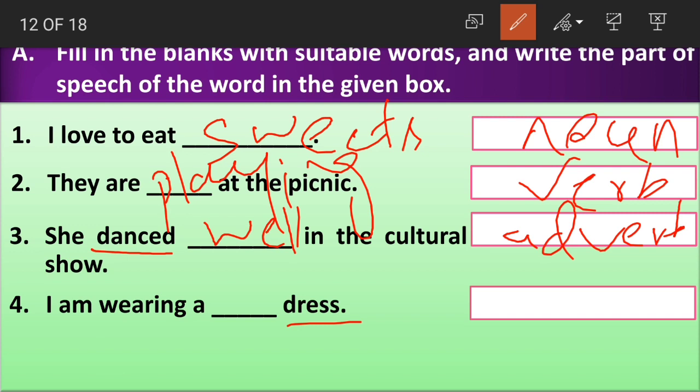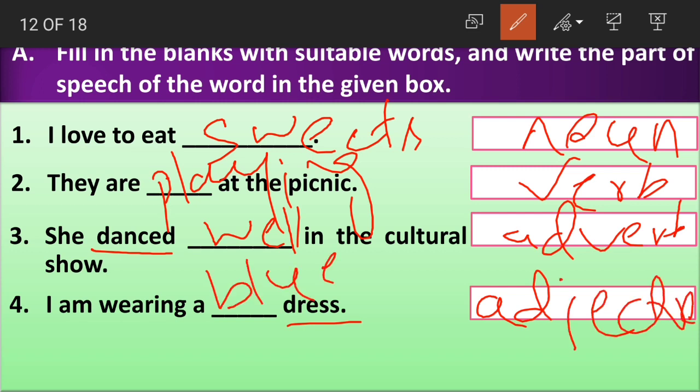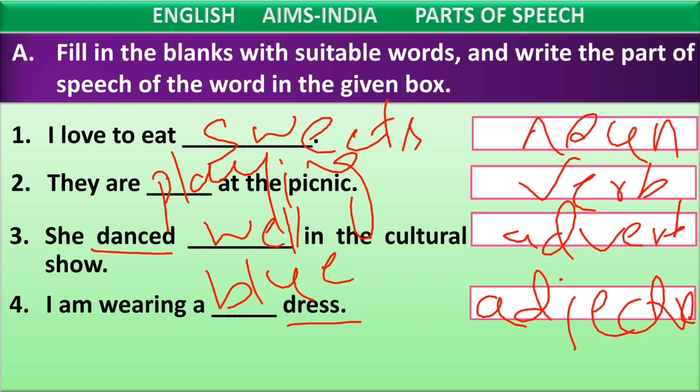Because we are describing the noun here, this word becomes our adjective. For example, I am wearing a blue dress. This becomes our adjective. Clear, children? Hope you are able to understand this.